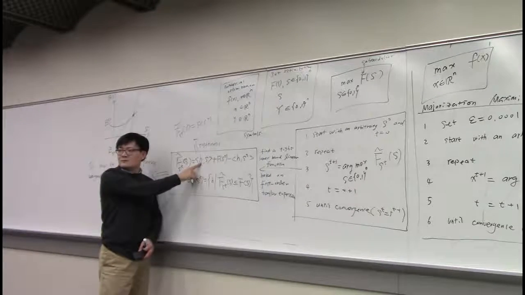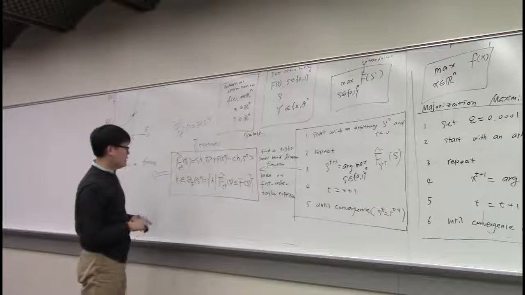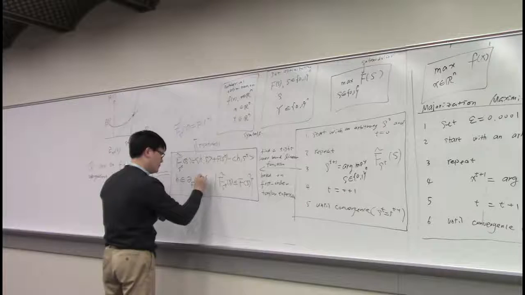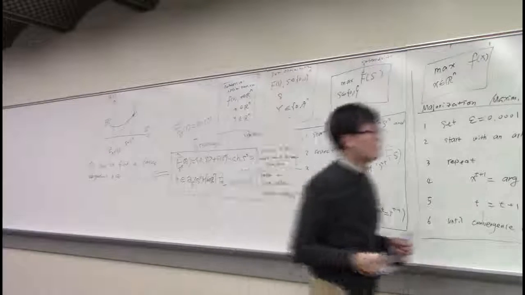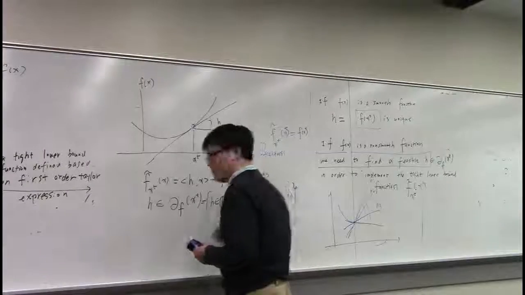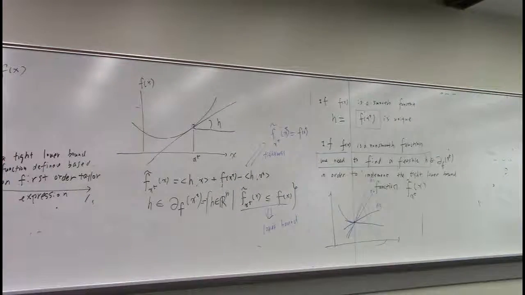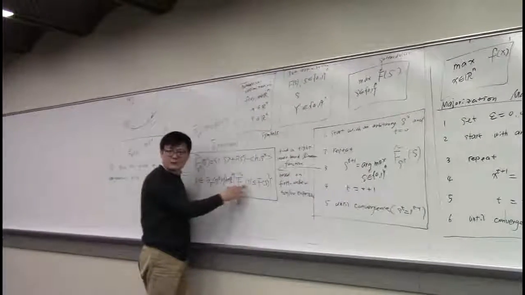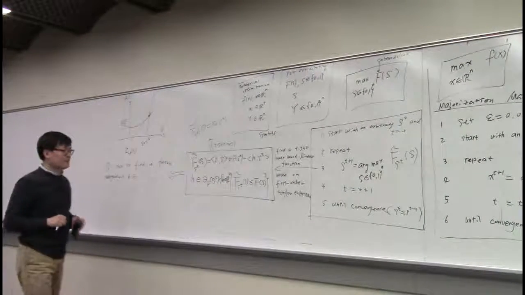h, right? h belongs to R^n, which means we need to find one vector that gives a lower bound.